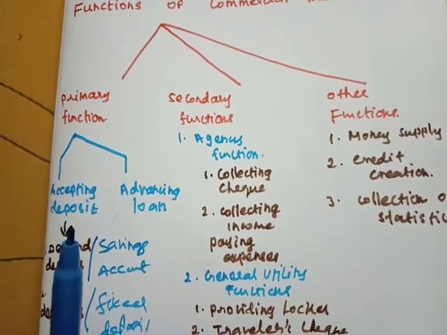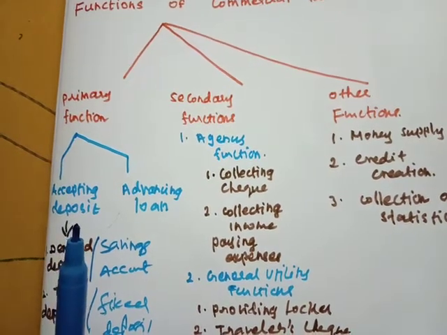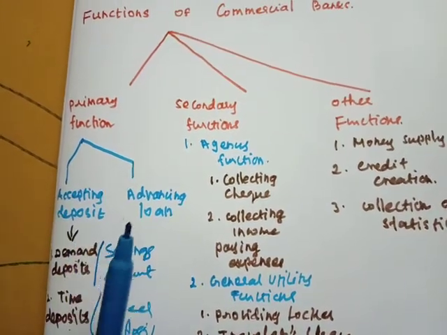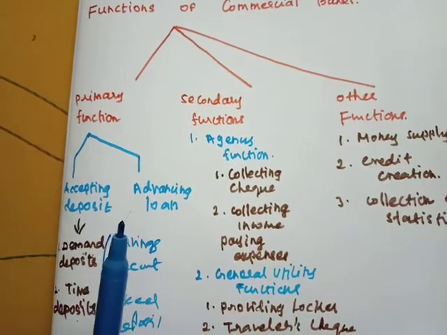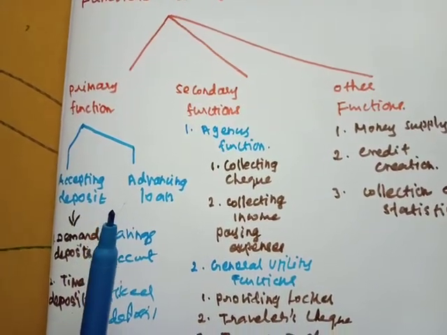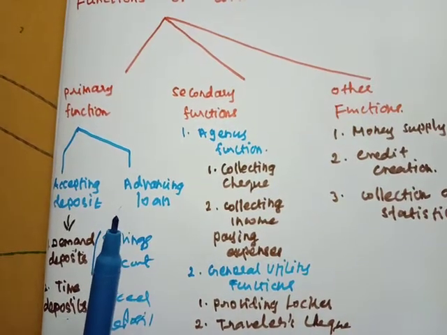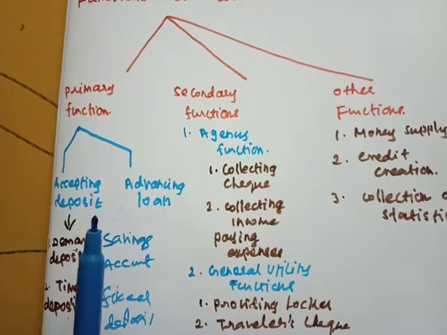If you have 5,000, the bank will be ready to give 10,000, 20,000 like this. Then there are cash credit, personal loan, housing loan, and discounting of bills of exchange. Sometimes advancing loans also means they will discount loans to foreign governments or for foreign exports and imports.